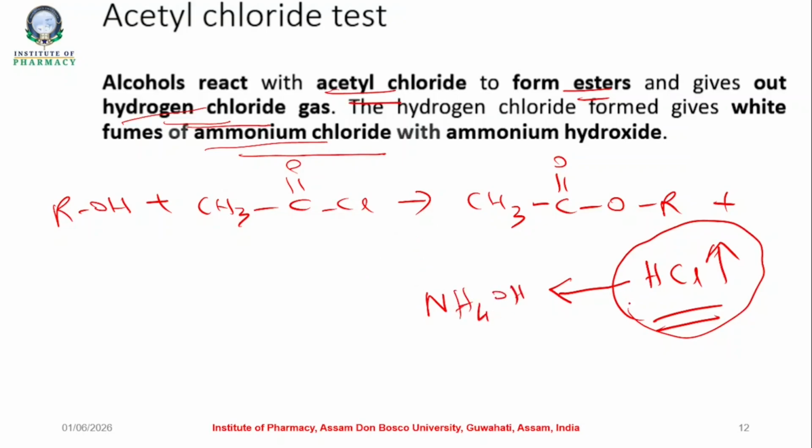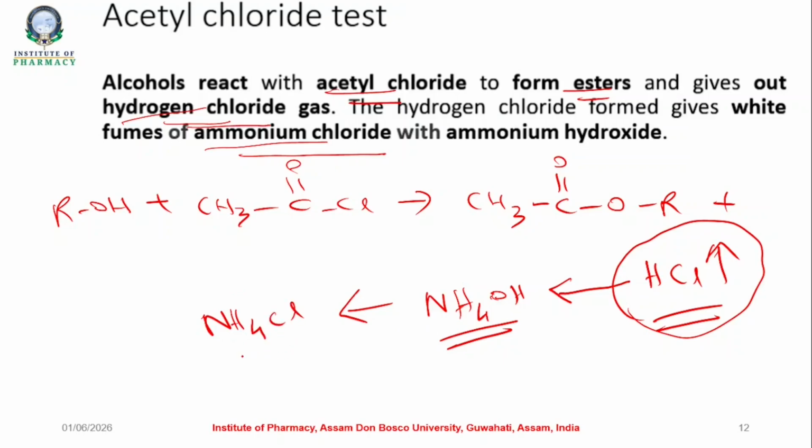So if we take the gas that is formed and keep it near ammonium hydroxide, then it gives white fumes of ammonium chloride.